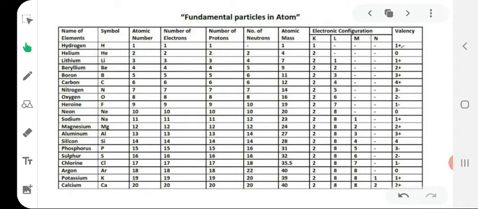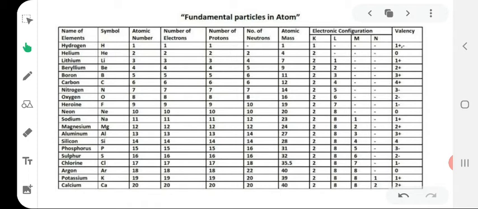For example, lithium, sodium and potassium have all one valence electron in their outermost orbit. So they show valency equal to 1 in their compounds.